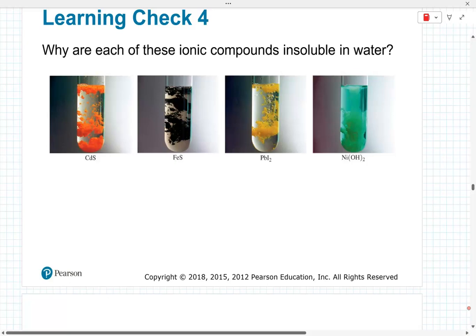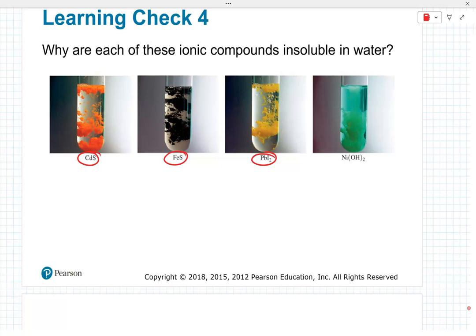So, why are they insoluble? Well, cadmium 2 sulfide. Cadmium's not in the soluble list. Sulfide's not in the soluble list, right? Iron sulfide, iron 2 sulfide, same story.